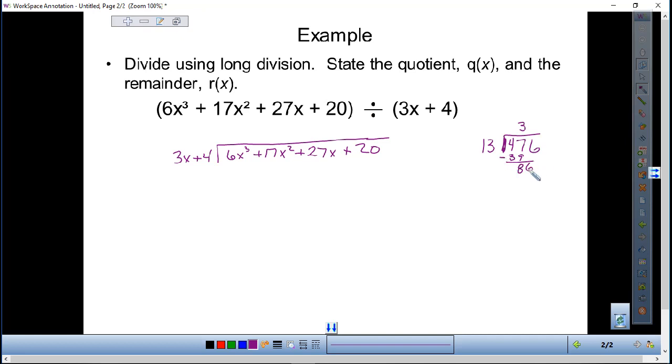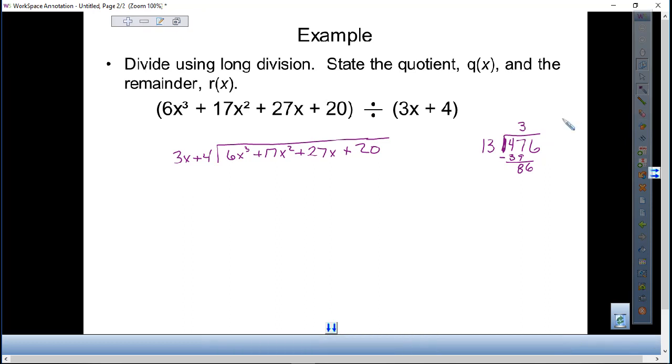So we bring down the next part and we ask the exact same question all over again for 86. How many times will 13 go into 86? Or what do I multiply times 13 to get something as close to 86 as I can? And you would keep going through that. With that one, let's see, 4, no, 5 would be 85? Yeah. No, it wouldn't.